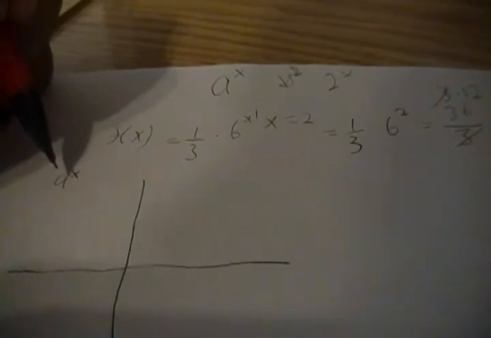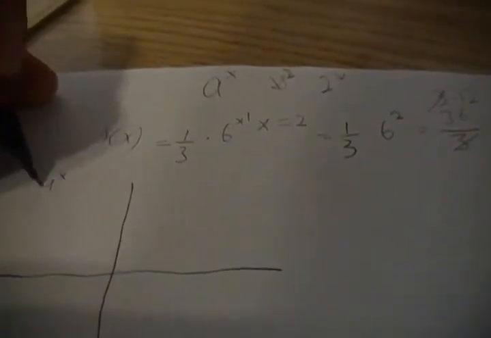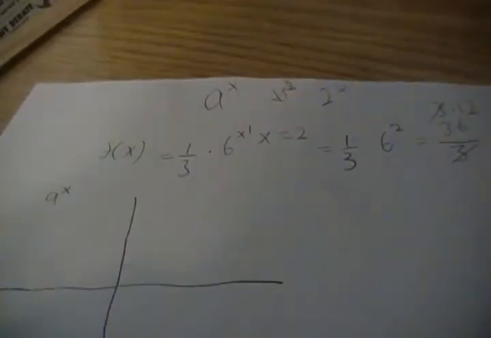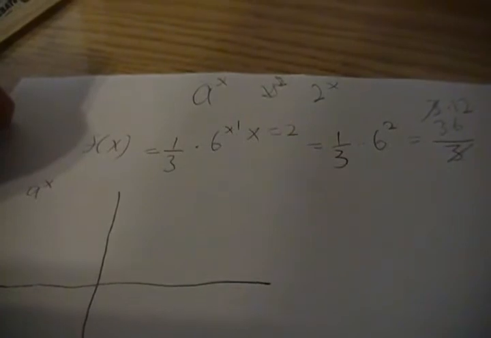If this base a is, well, it can't be 0, but if it's greater than 1, because 1 to any power is just 1, so it doesn't really help us anywhere.